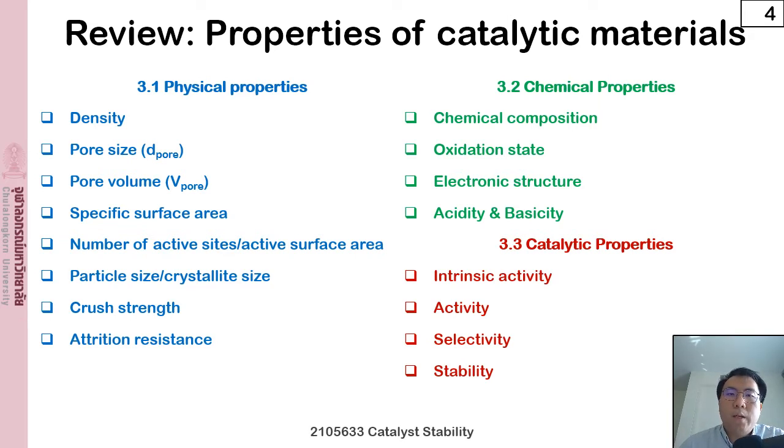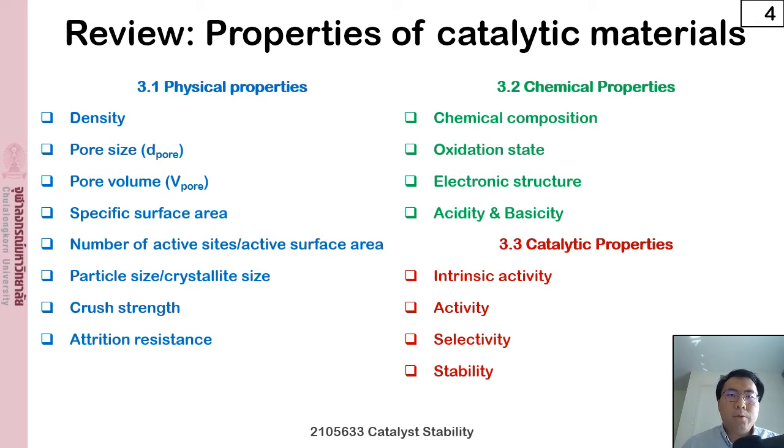So if your catalyst is very active, but it converts all the reactants to byproducts, it will not be a good catalyst. So that's why they consider the second factor, which is the selectivity. This one we consider the rate of the production of your main products to the byproducts.